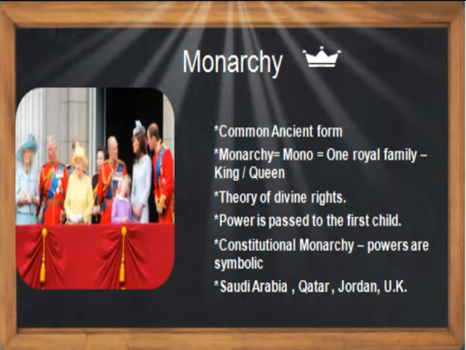After the death of the king or queen, power is passed to the first child. Like after Queen Elizabeth II in England, the power would go to the oldest son, that is Prince Charles. You can see him second from the left side, and Queen Elizabeth II is in the middle with the golden suit.